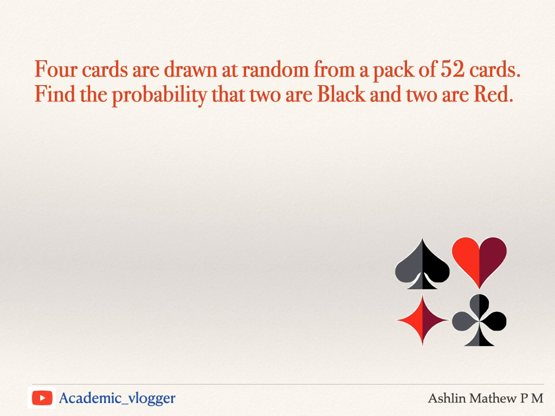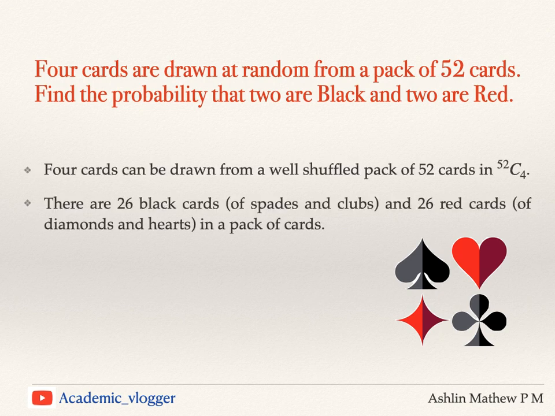I have already told you there are 26 black cards and 26 red cards, where the spade and club are black and the diamond and heart are red. So the favorable number of cases is 26C2 into 26C2.